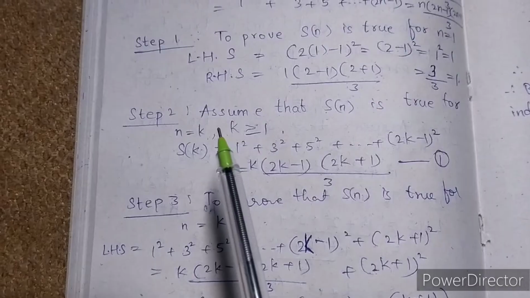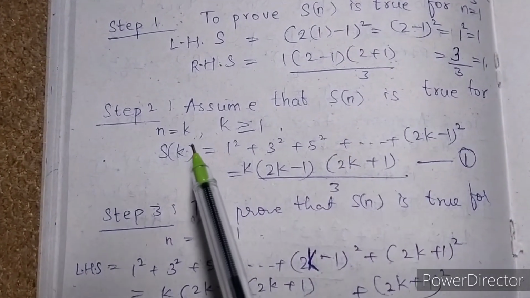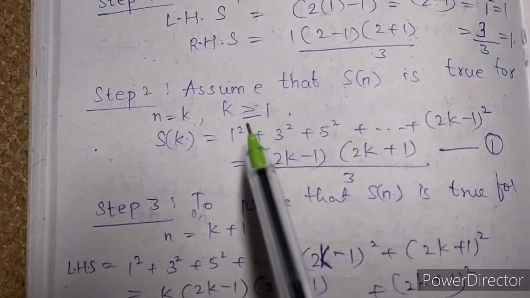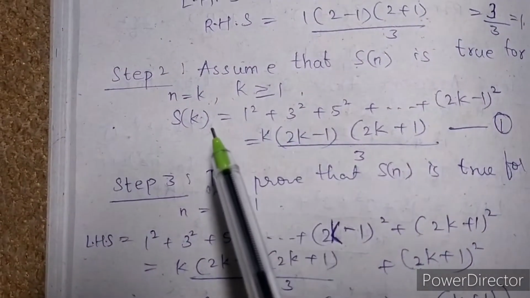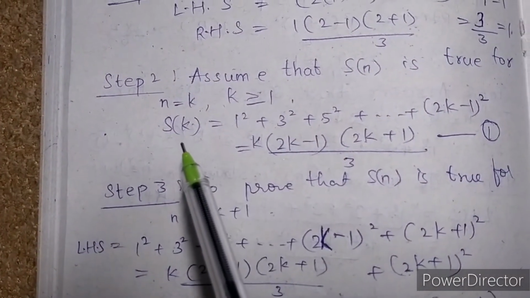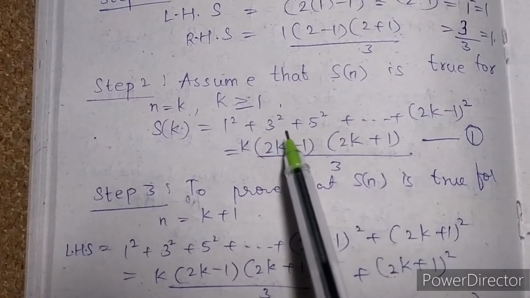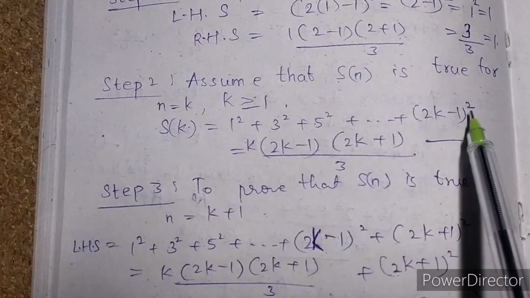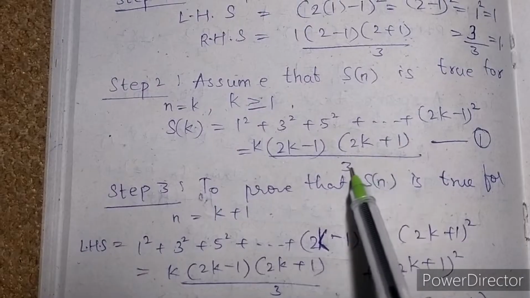Now assume that S of n is true for n equals k. So we have to assume that the statement is true for n equals k, that is, S of k is equal to 1 square plus 3 square plus 5 square plus so on till (2k minus 1) whole square, which is equal to k into 2k minus 1 into 2k plus 1 divided by 3.